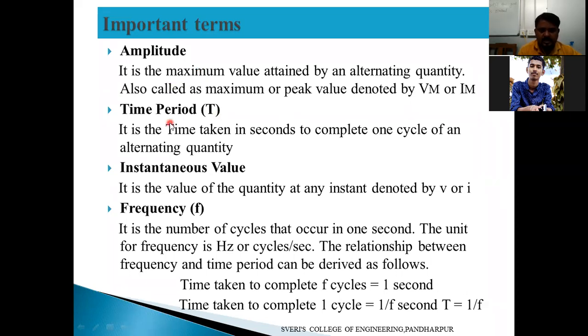Next heading, you take down time period. In brackets, capital T, you write down time period.